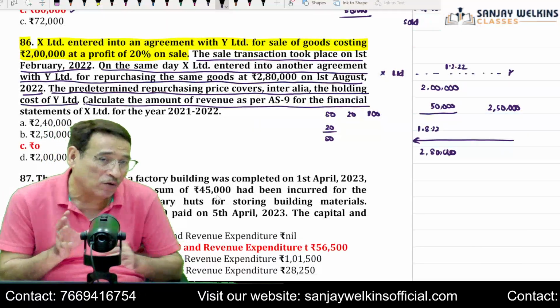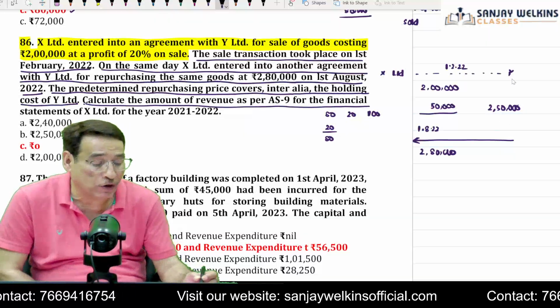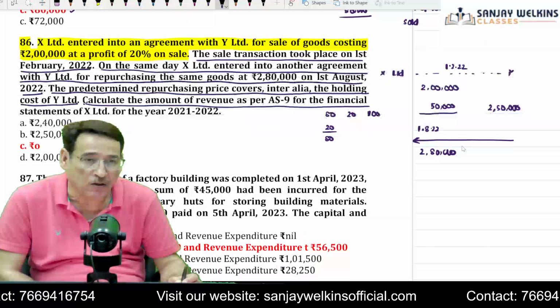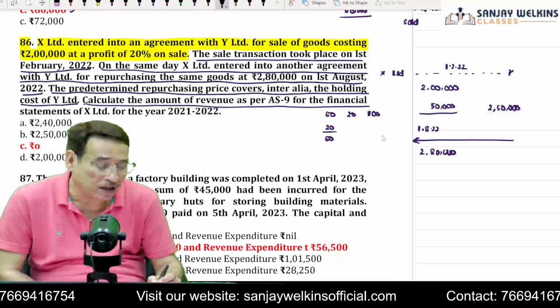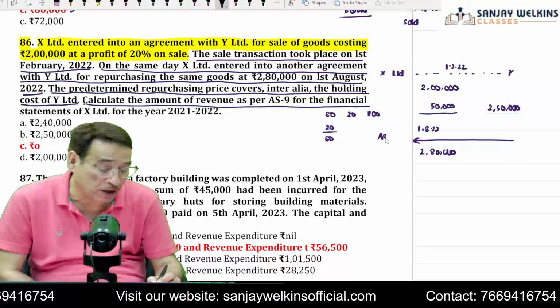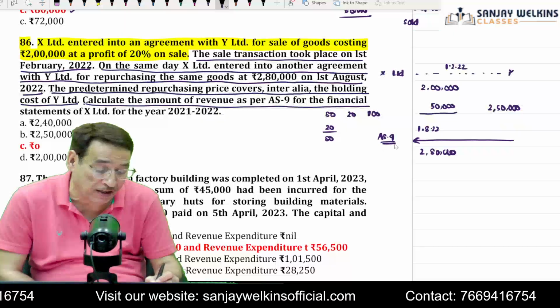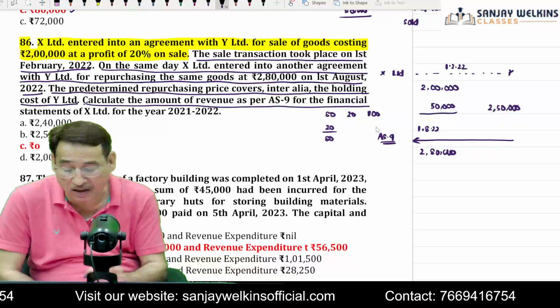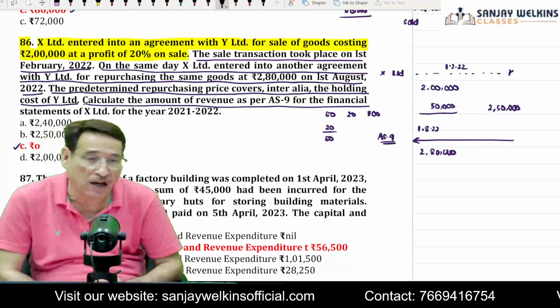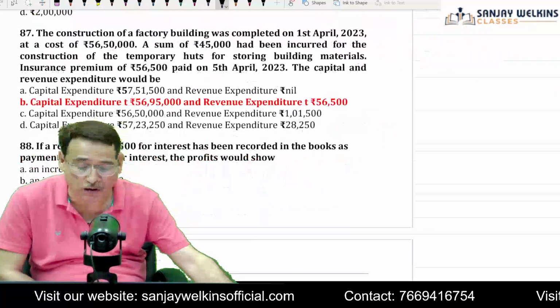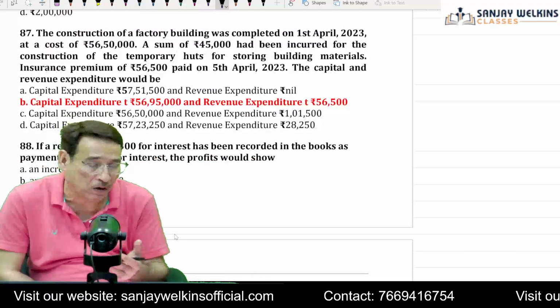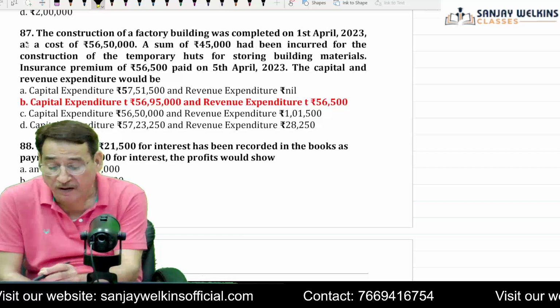Now, it seems for a while that there is a profit to Y Limited of 30,000, but no. As per AS9, it is not a case of revenue. It is a case of refinancing, correct? So, in this case, revenue will be considered as nil as per AS9. No revenue will accrue. It is a case of what we call refinancing.